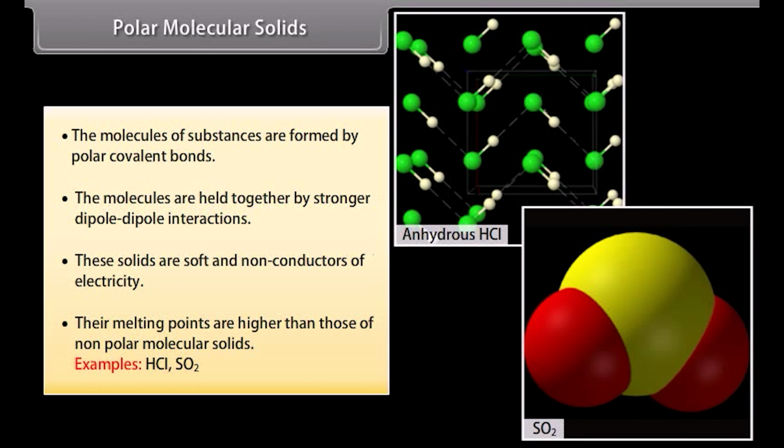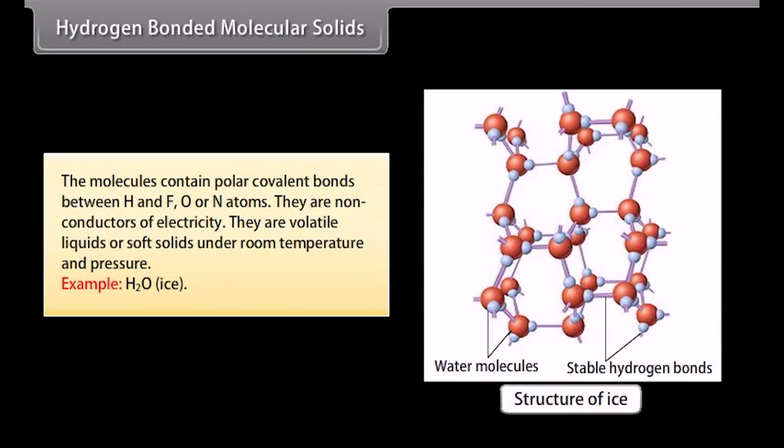Examples: HCl, SO2. Hydrogen-bonded molecular solids. The molecules contain polar covalent bonds between H and F, O, or N atoms. They are non-conductors of electricity. They are volatile liquids or soft solids under room temperature and pressure. Examples: H2O, ice.